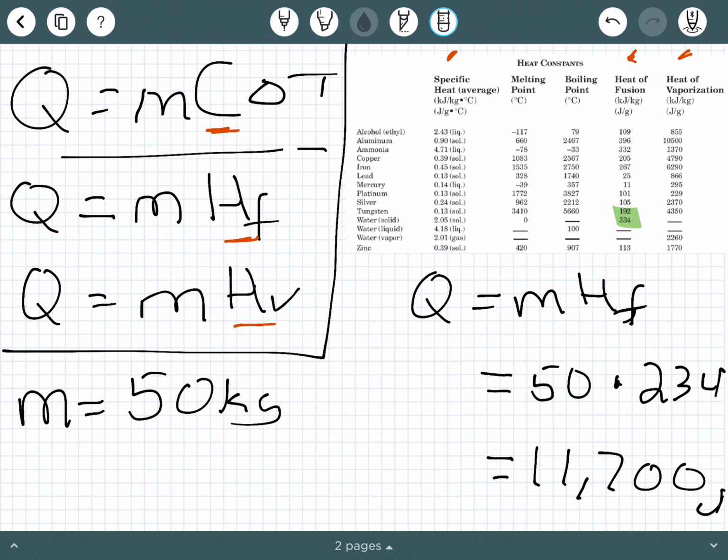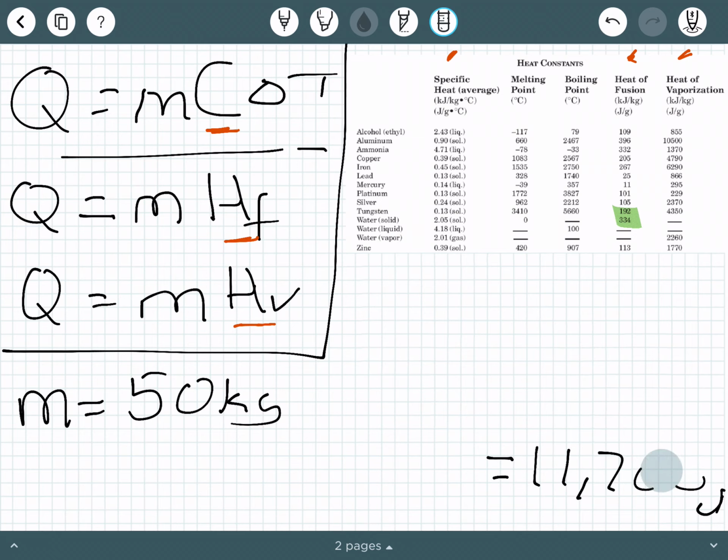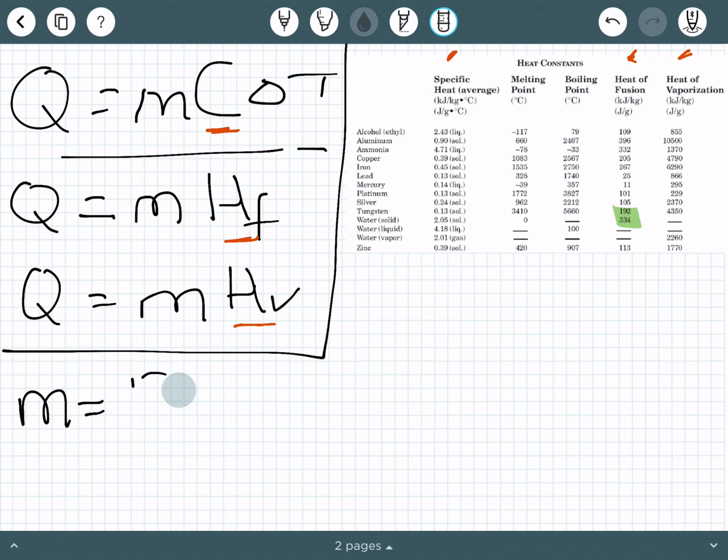Let's try another problem. If you need to stop the video, stop the video so you can try it out. Let's say I want to vaporize 100 grams of aluminum.